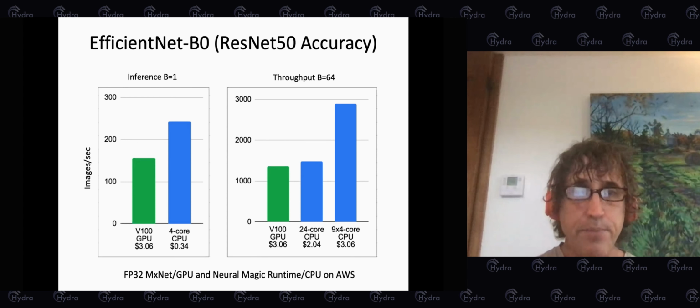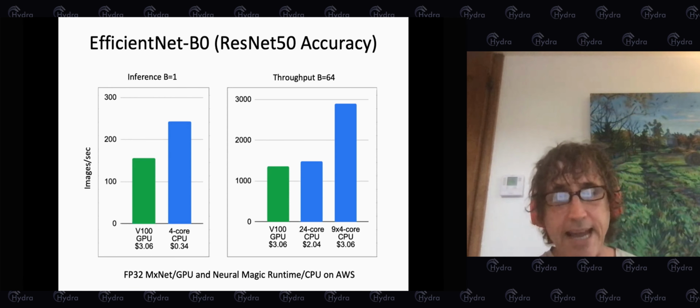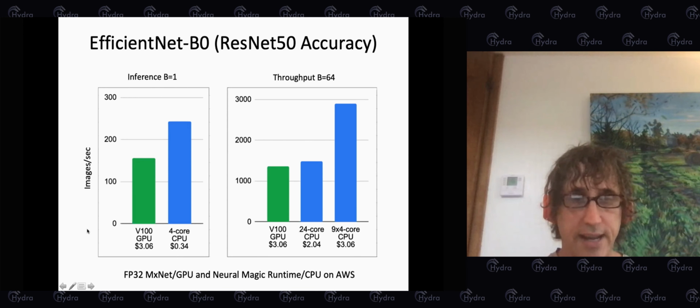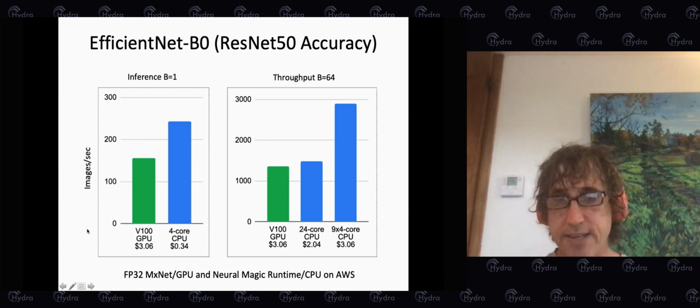So, for example, if you run EfficientNet B0 on an NVIDIA V100 GPU, their most powerful GPU, and you run, by the way, these are graphs of an execution that I do. I'm running this through the Neural Magic runtime, which is the runtime of the startup that I have.